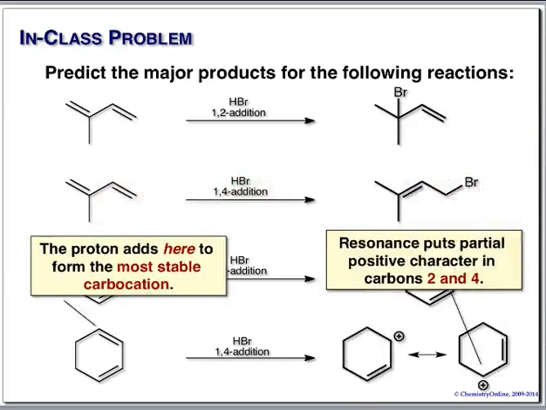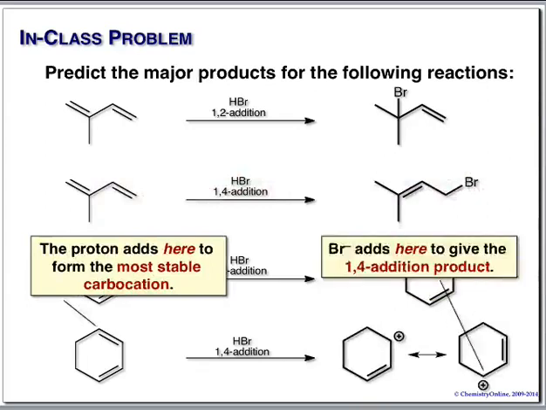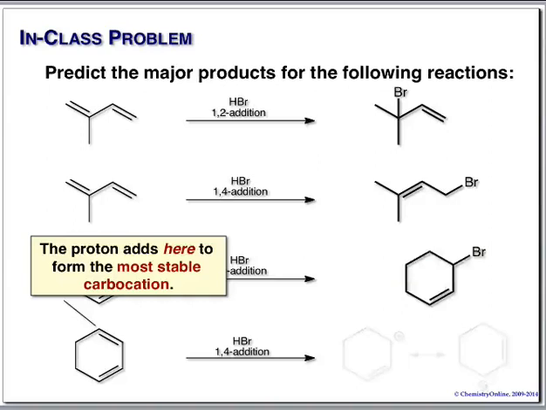This would give us 1,4. All we have to do is take our Br-, add it to this carbon, and we get the 1,4 addition product. Hydrogen here, bromine here, 1,4 addition product.